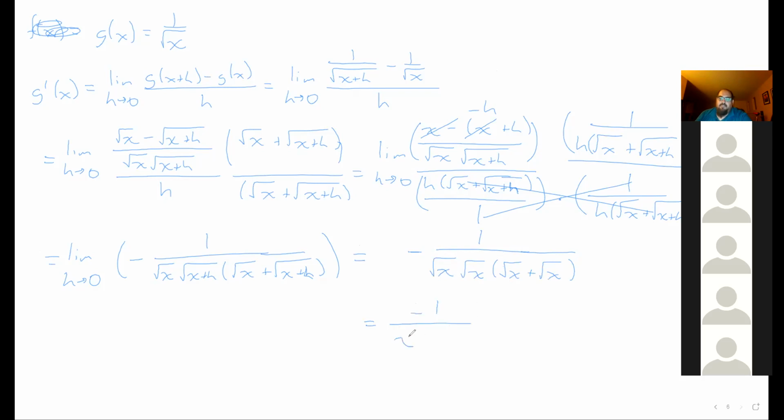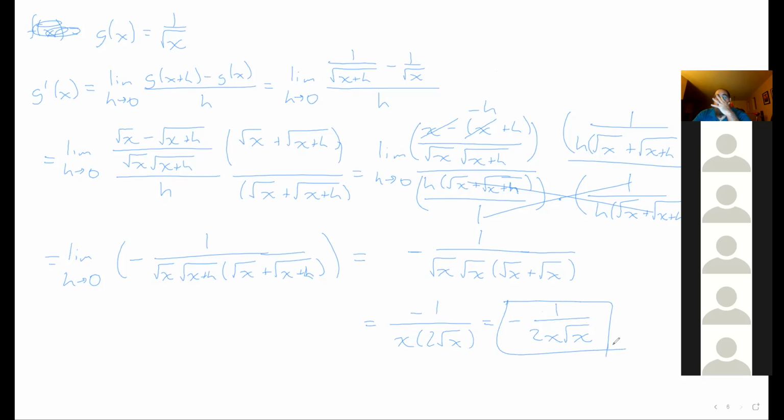Radical x times radical x becomes x. The parentheses becomes 2 radical x. And I saw lots of different ways this looks, but we'll just keep it like this. And that's our answer. There are other ways to express this that are also correct, but that's fine.